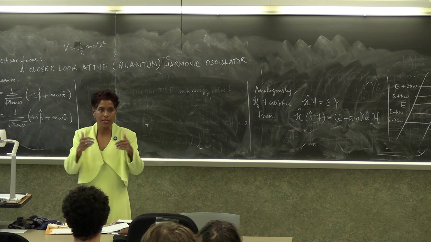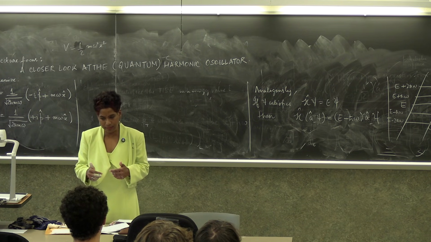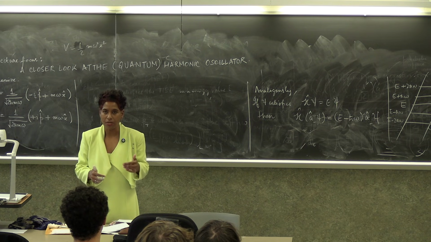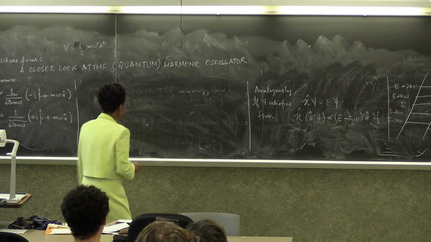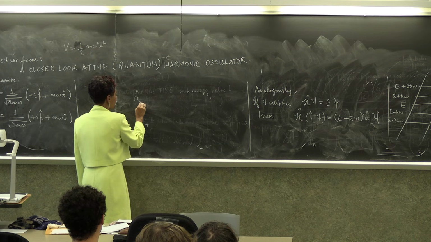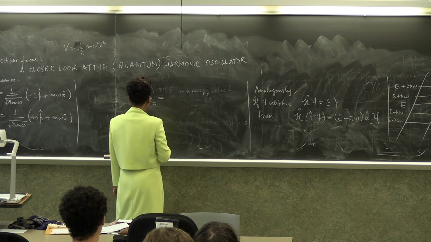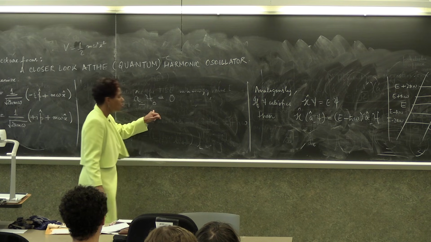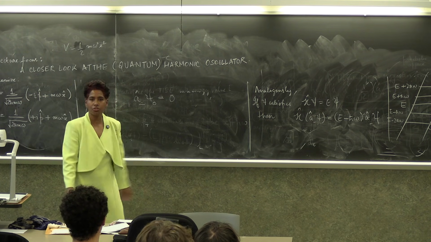It turns out in this case, we get the lowest rung of the ladder by looking for non-normalizable psis which are identically 0. So in fact, that gives us the following relation. If you try to climb down below the ground state, you hit a non-normalizable solution.